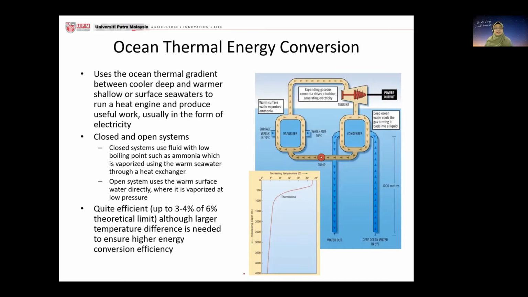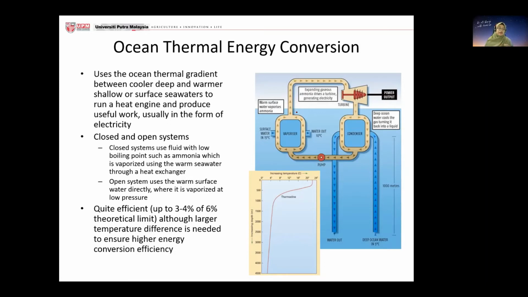What happens here is this type of system uses the ocean thermal gradient between the deep sea, where the temperature is cooler, and the warmer shallow or surface sea waters. You have a temperature difference between the two, and this temperature difference will run a heat engine and produce useful work, usually in the form of electricity.